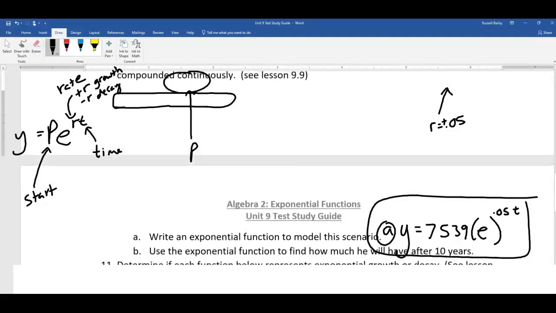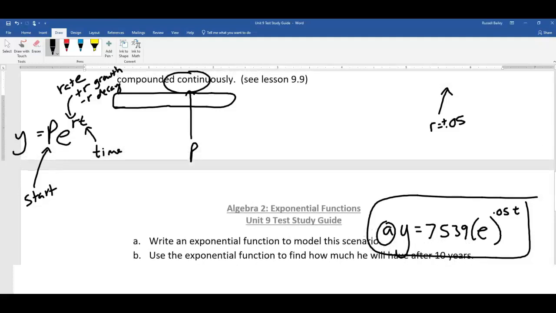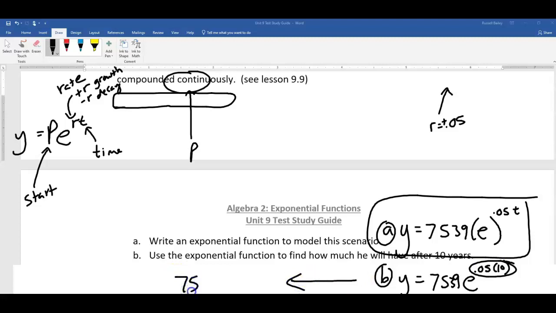It says, use the exponential function to find how much he'll have after 10 years. So for that, we're just going to plug 10 in for t. Now, first of all, if I multiply those, I end up getting this.